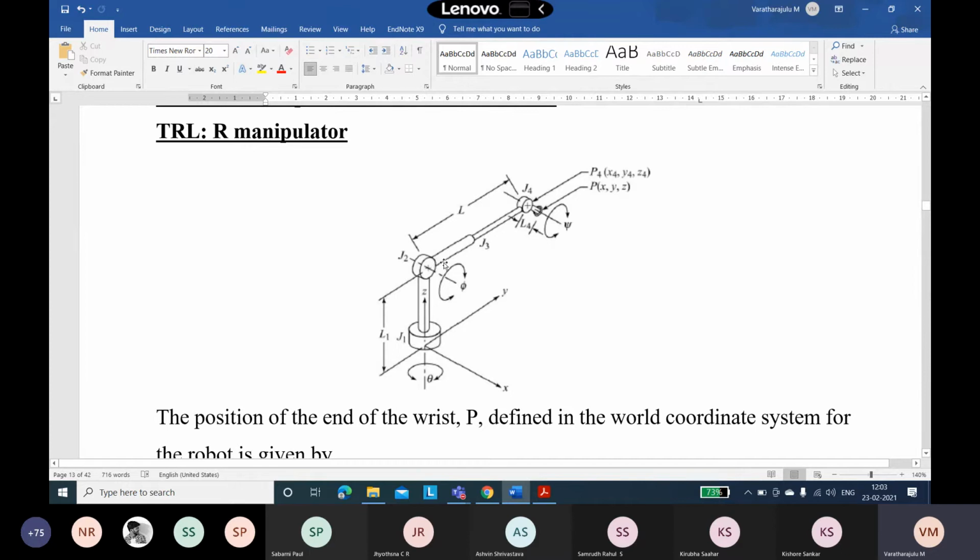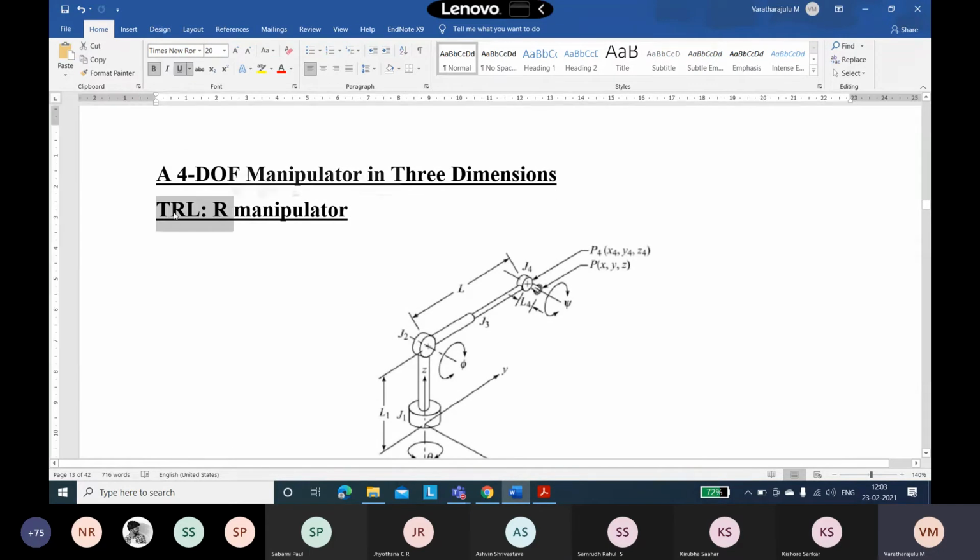Joint 3 is a linear joint, capable of sliding over a certain distance. Joint 4 is an R type, which allows rotation about an axis parallel to joint 2. Thus we have T, R, L, and the end effector has R, so we write T, R, L, R.